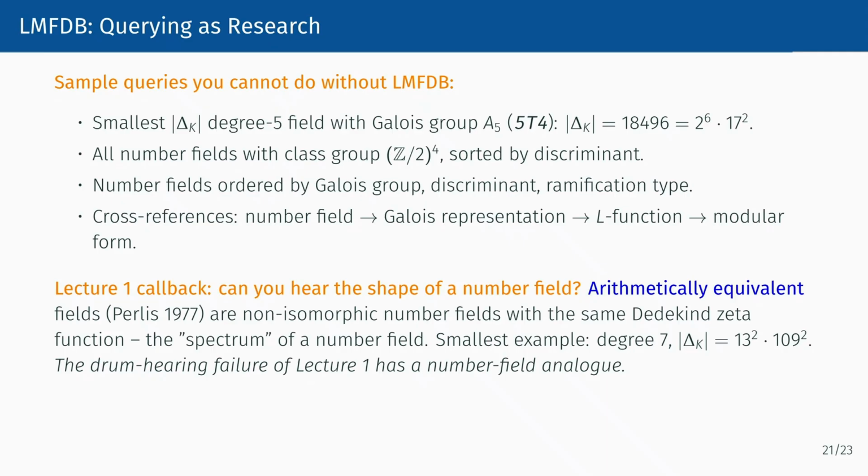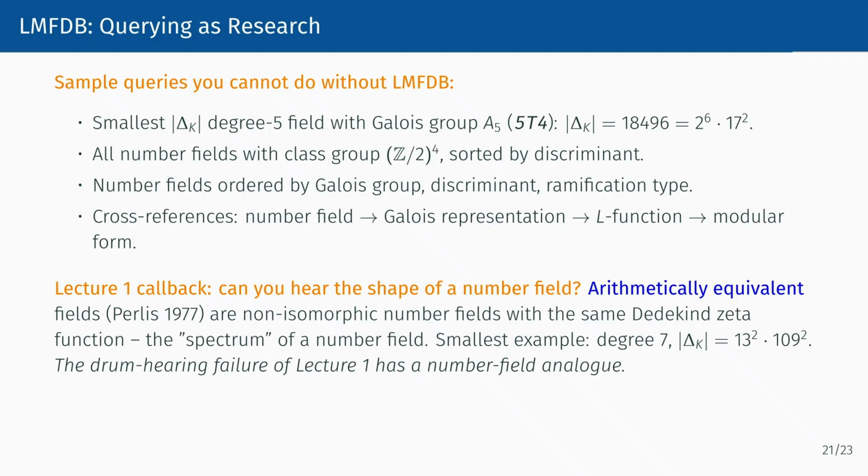Maybe another thing you can see on the LMFDB relates to the shape of the number field. So in a similar way that we talked about the theta series associated to a lattice, one can form a zeta series for every number field called the Dedekind zeta series. It corresponds to the Riemann zeta function, but for number fields.